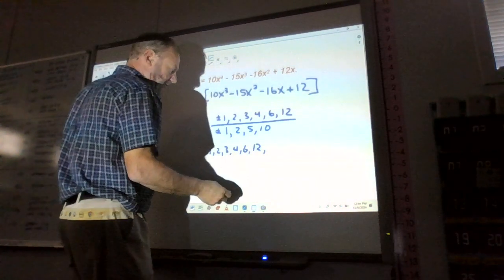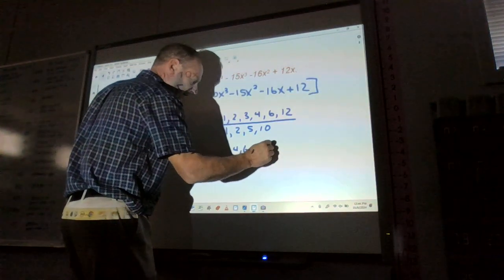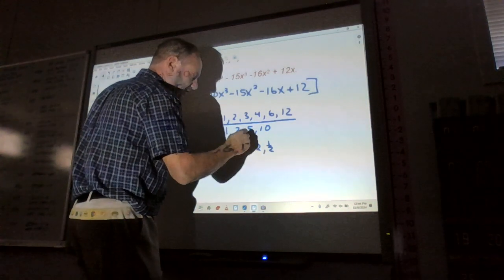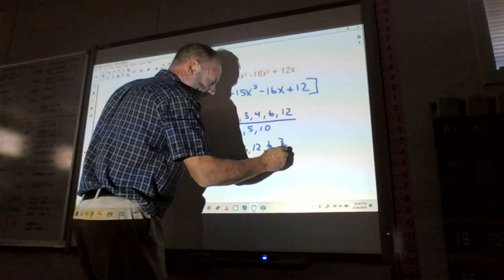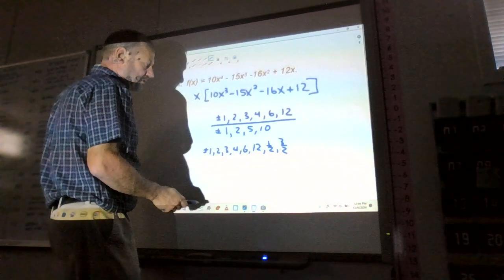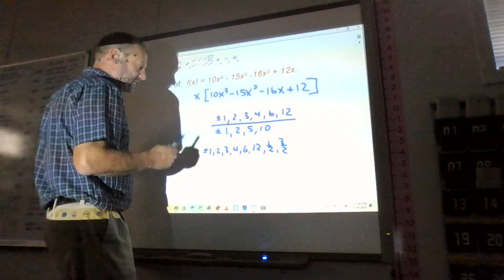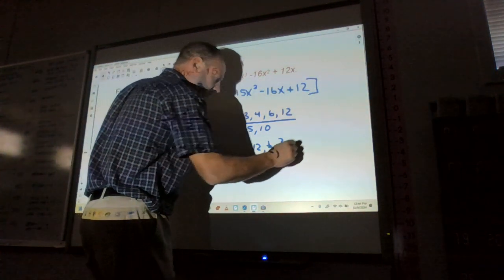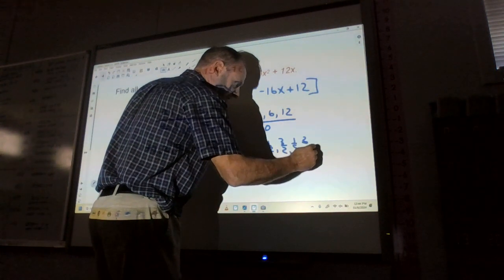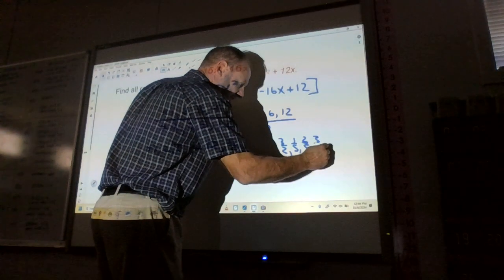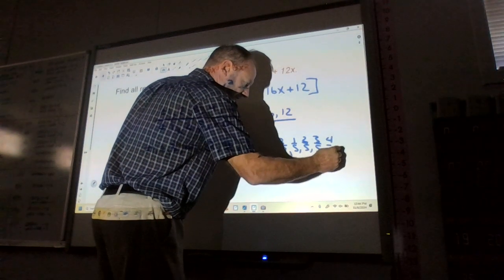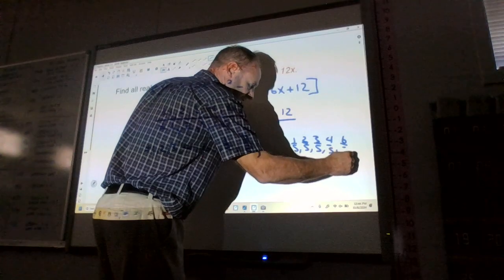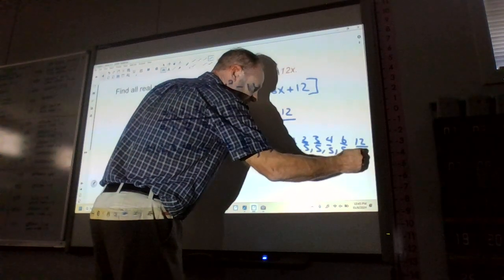Plus all of those divided by 2, so 1 half, 2 halves is a repeat, 3 halves, 4 halves a repeat, 6 halves, 12 halves are all repeats. Okay, so then all those divided by 5, well, all of those are on there. So 1/5, 2/5, 3/5, 4/5, 6/5, and 12/5.